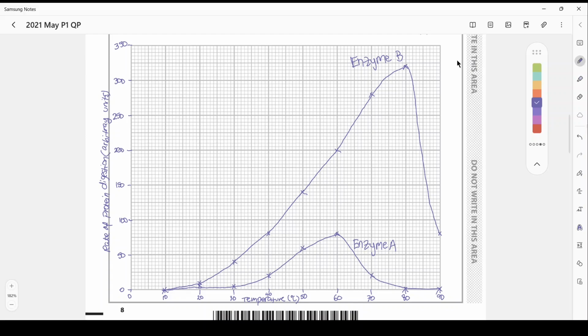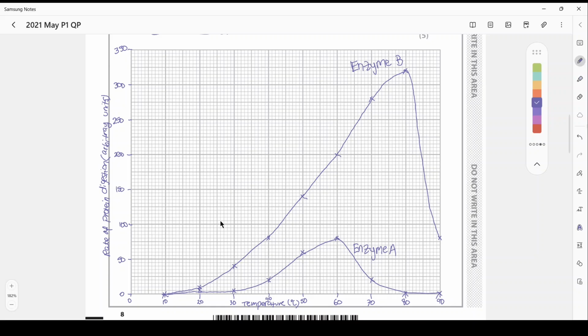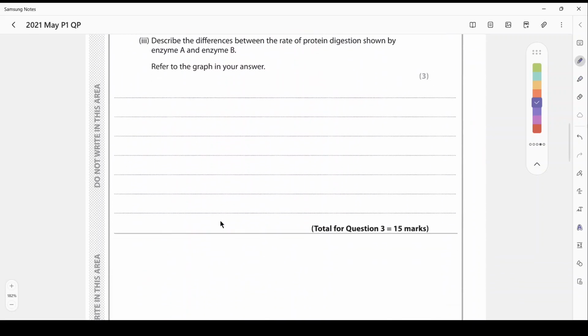Another thing you can also say is that the optimum temperature is higher for enzyme B than it is for enzyme A. So for enzyme B, the optimum temperature is about 80 degrees, whereas enzyme A, the optimum temperature is near 60 degrees.